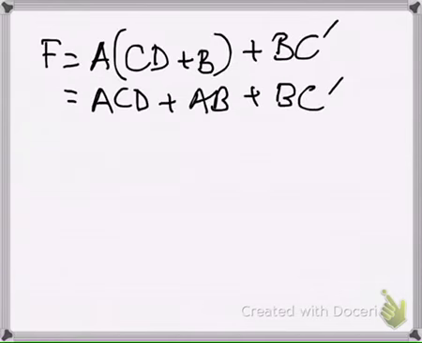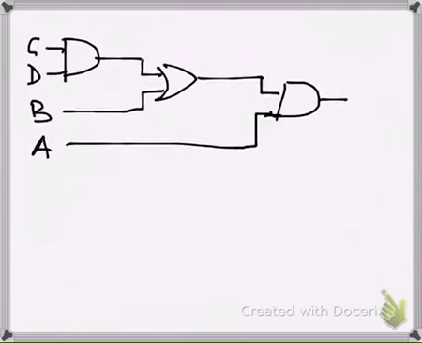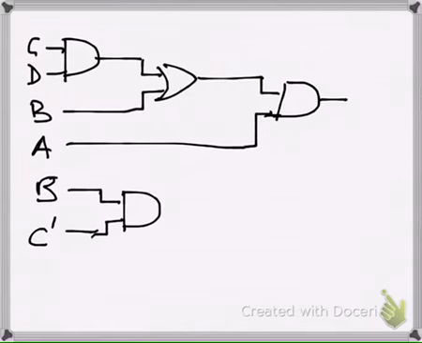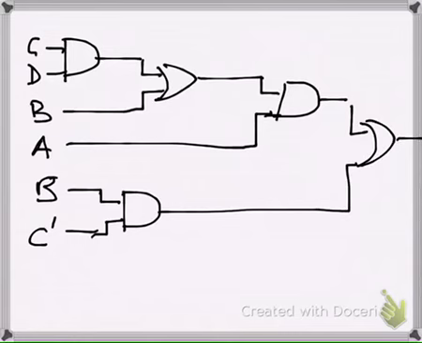Then for the next term, B C dash, I use B here and C dash out here. So B and C dash, we use the AND gate out here, and then finally we do an OR of all of this.